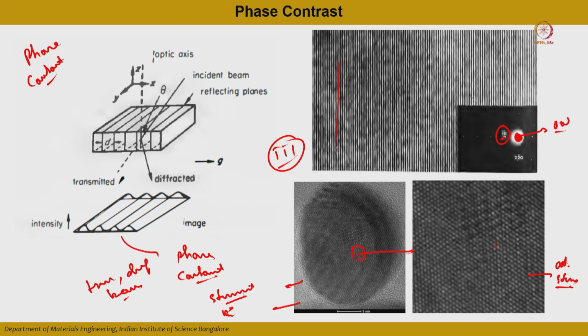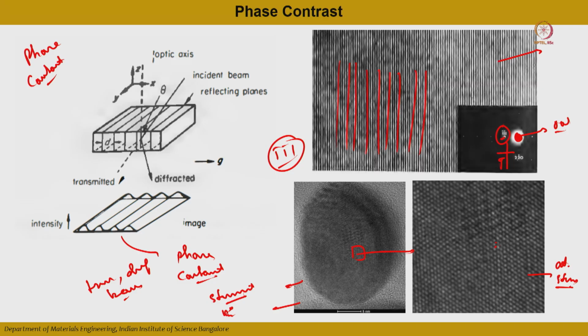So, that is why you will see these lines, and these lines are nothing but the atomic planes. If your G vector is in this direction, as I told you in a few classes before, the trace of that particular plane is perpendicular to this G vector in the real space. So, these lines correspond to the 1 bar 1 1 planes in the sample.